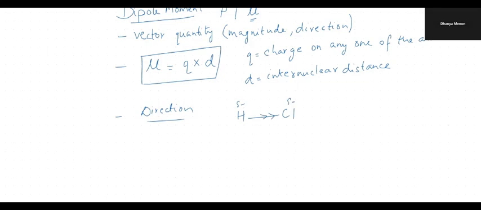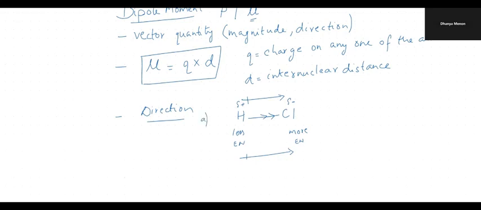Always the direction is from positive to negative like this, or from the less electronegative atom to more electronegative atom. So this is the direction. From the less to more, or we can also say from positive to negative. Okay. This is the first way of expressing the direction.